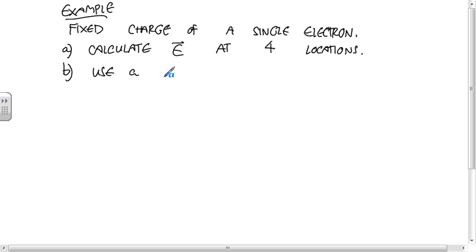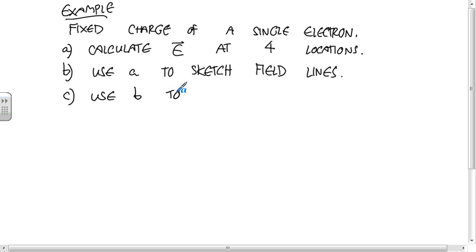Use part A to sketch the field lines. Use part B to sketch the equipotential lines.